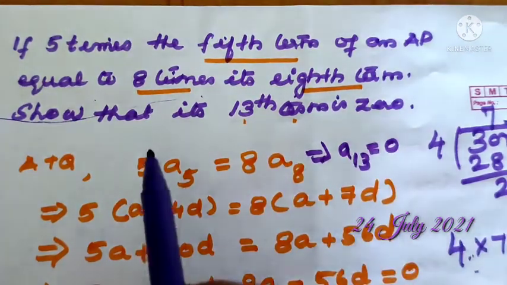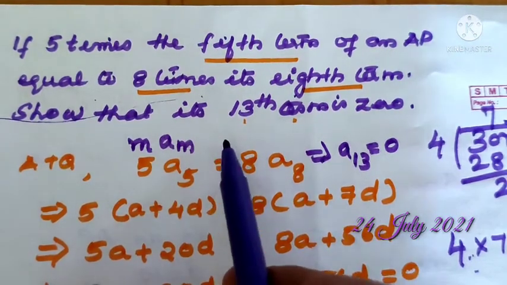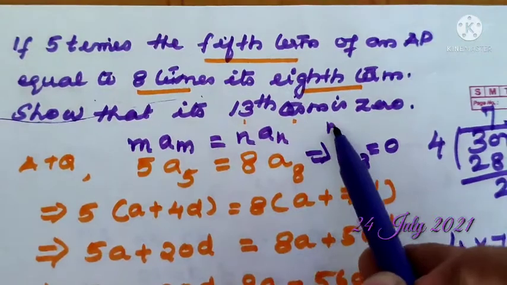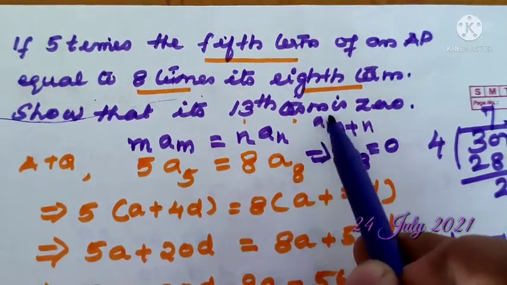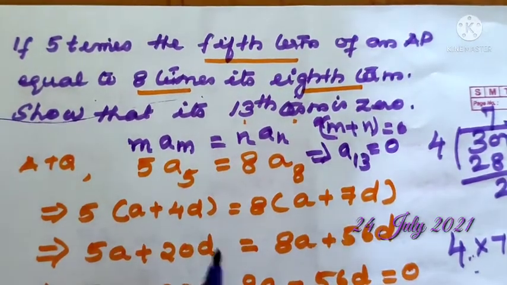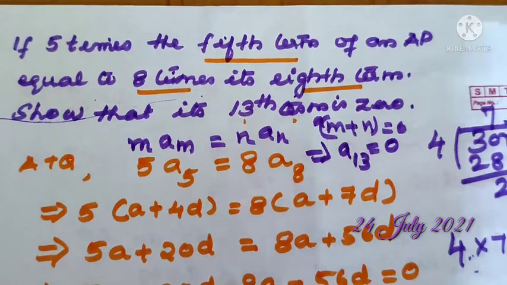Just now what we have proved, m times the mth term equal to n times the nth term, then the (m + n)th term equal to 0. So just to refer to this question after doing this theory part, you can understand, and it may ask for a 1 mark question also.